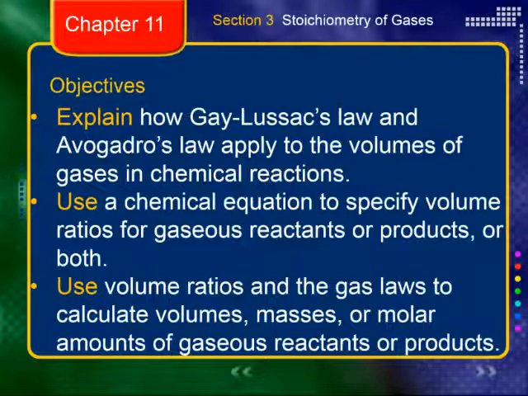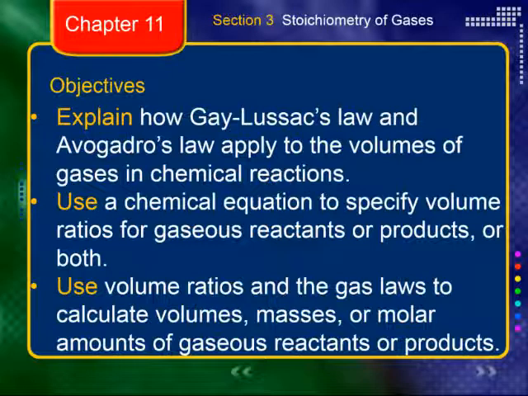This is going to be very similar to what we did in the last set of lectures, where we started with the law of combining volumes of gas, but we are going to take that small, quick introduction and then move on to apply it and actually bring it into the field of stoichiometry. So yes, this is a stoichiometry section here, and we're going to use Gay-Lussac's law of combining volumes and Avogadro's law to help us do that with gases.